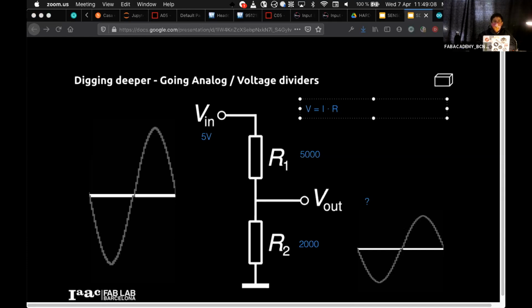You remember Ohm's law? So voltage equals current times resistance. So can you help me apply this onto this circuit?